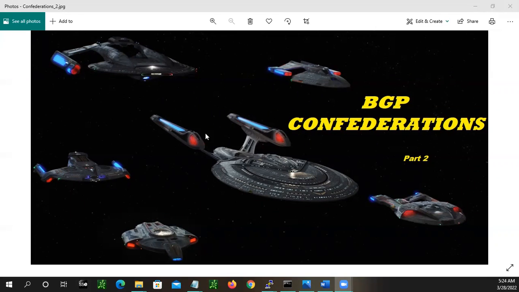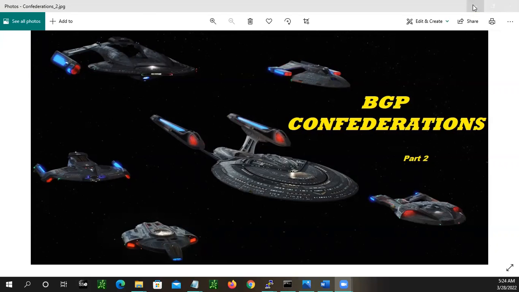So that's basically the sub-autonomous systems that look at another sub-autonomous system within the confederation as an external BGP neighbor, but it's an intra neighborship when you look at the confederation as a whole.